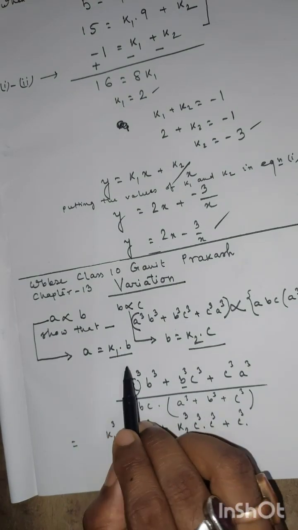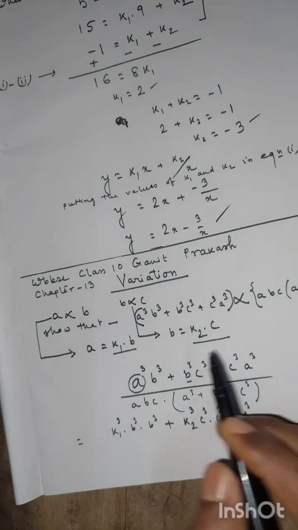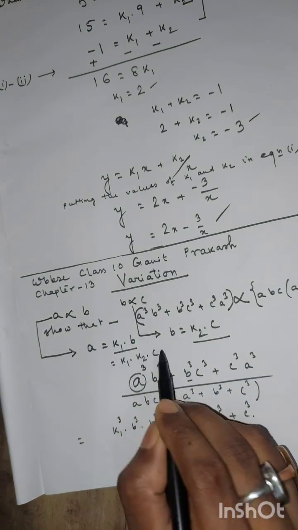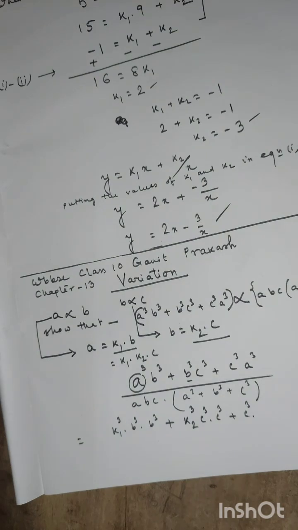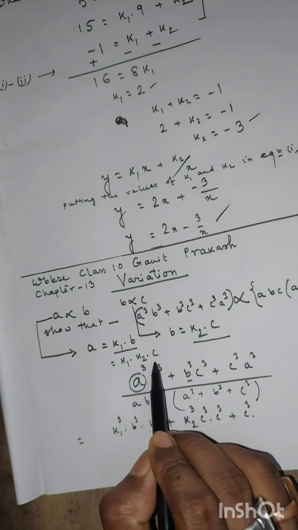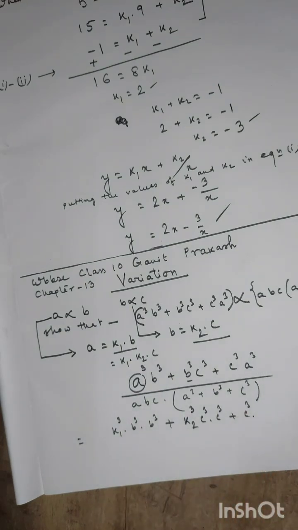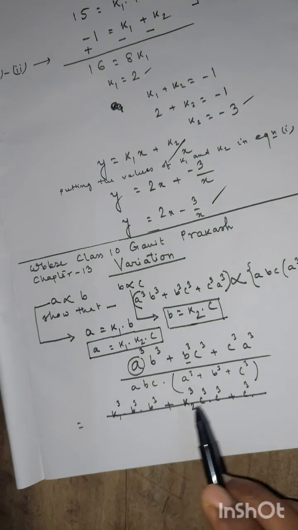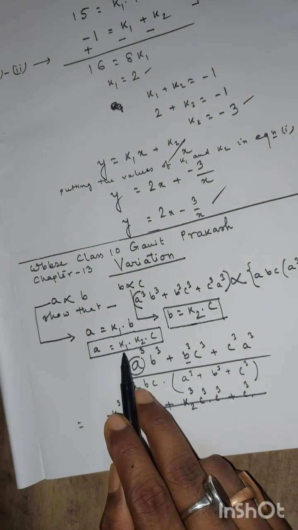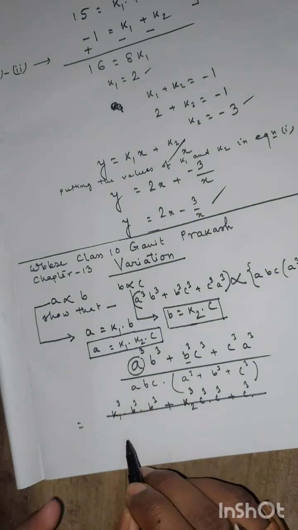Then we get a relation between A and C. So now A becomes K1 K2 into C. A equal to K1 K2 into C. Now if we put these values, then in place of A we can put K1 K2 C.